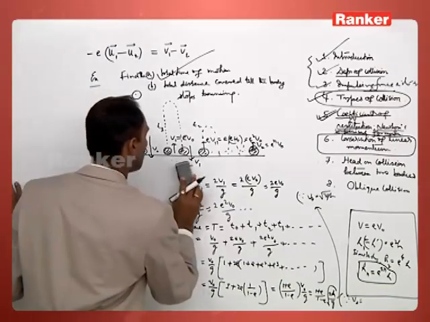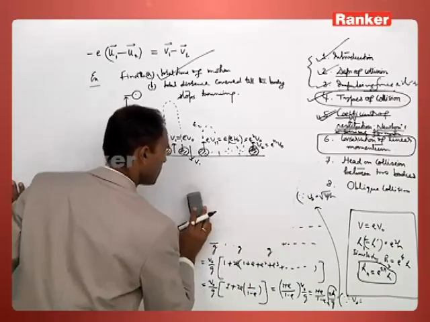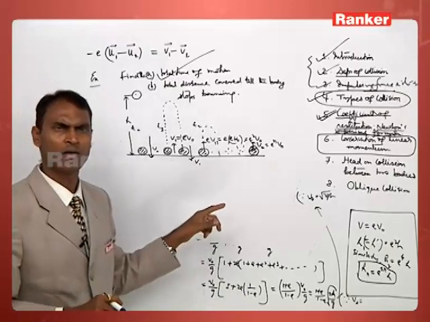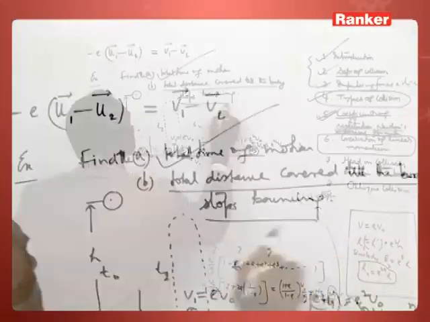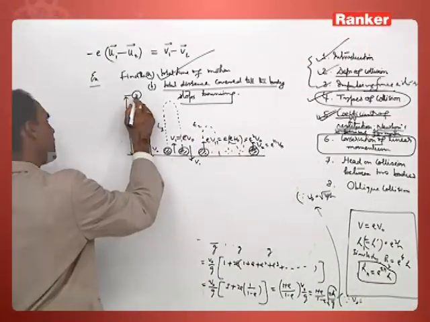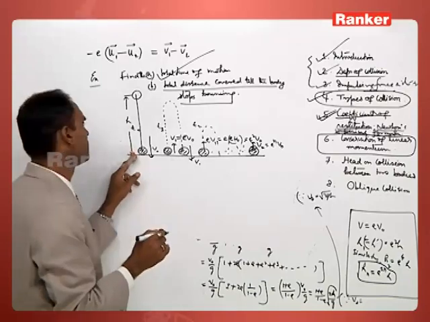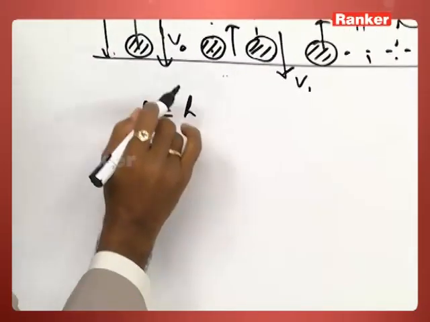Using this idea, we can also calculate the total distance. The distance it is covering from this point to this point till the first collision: d1 is equal to h.